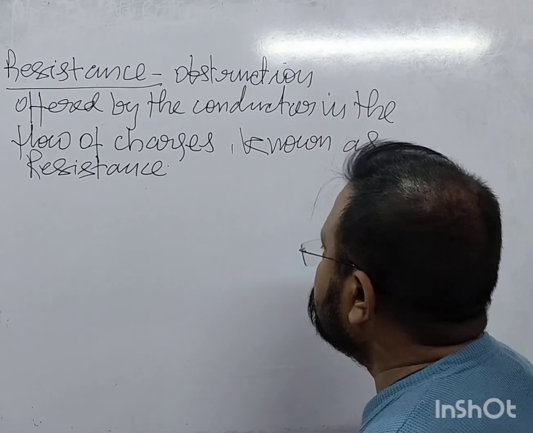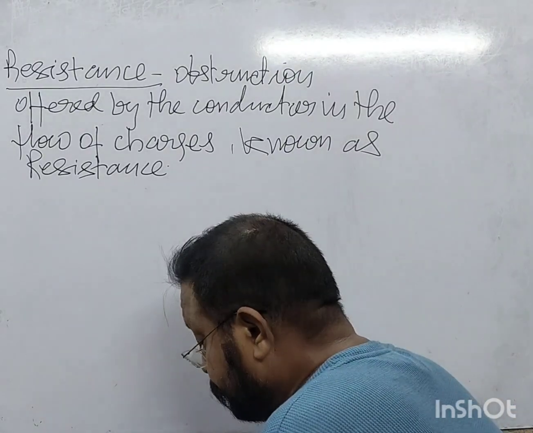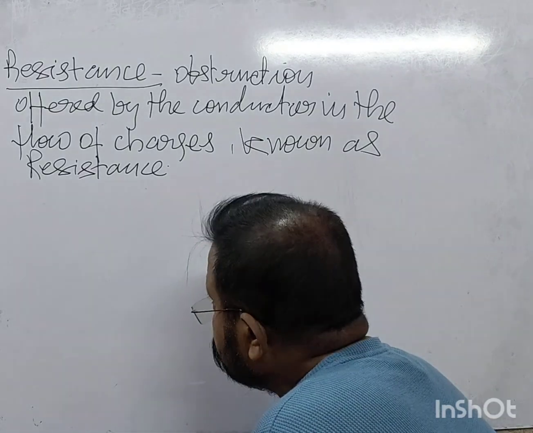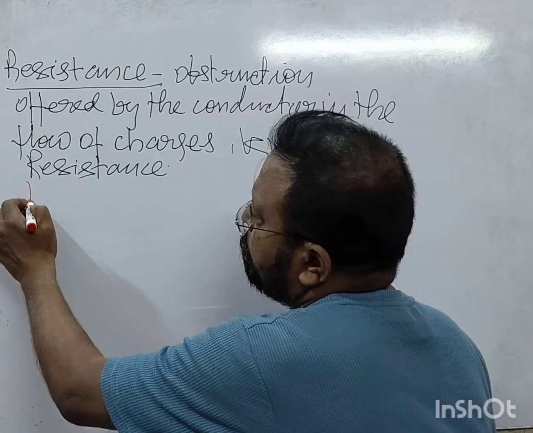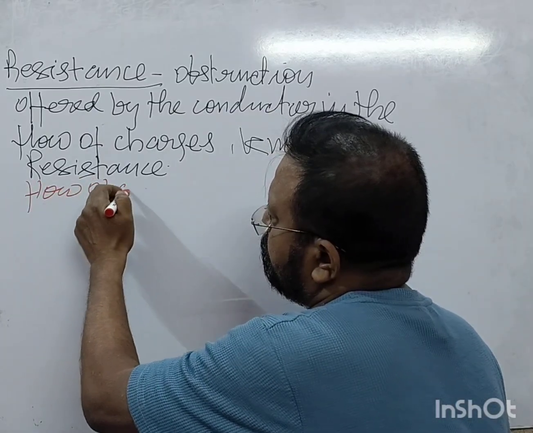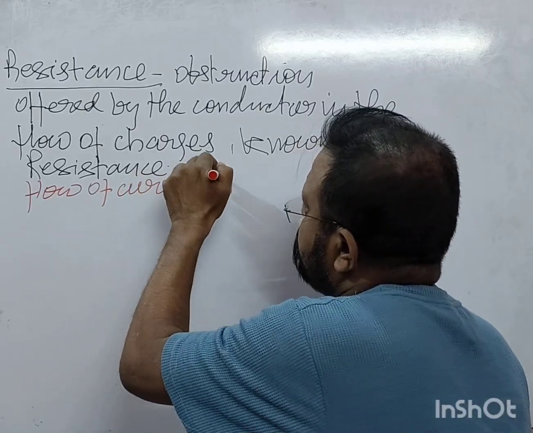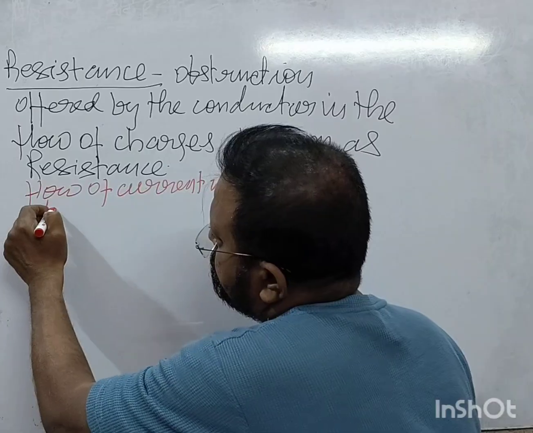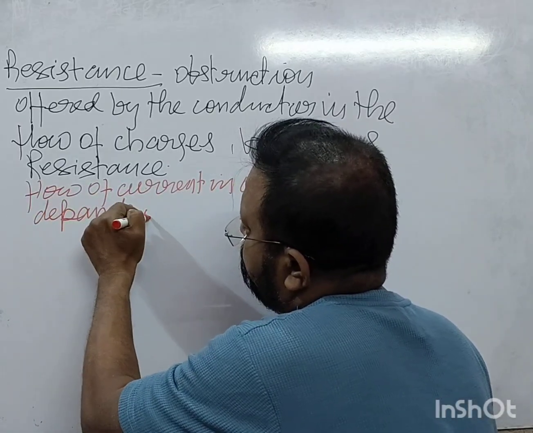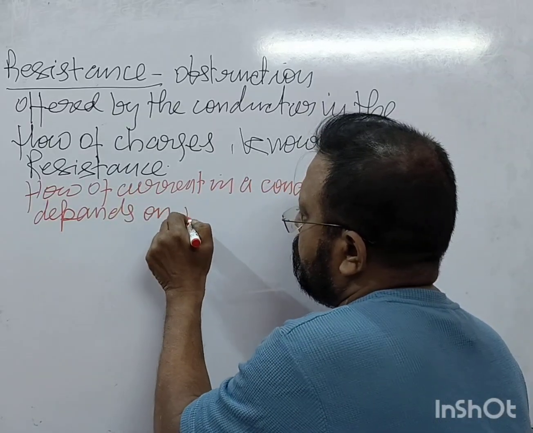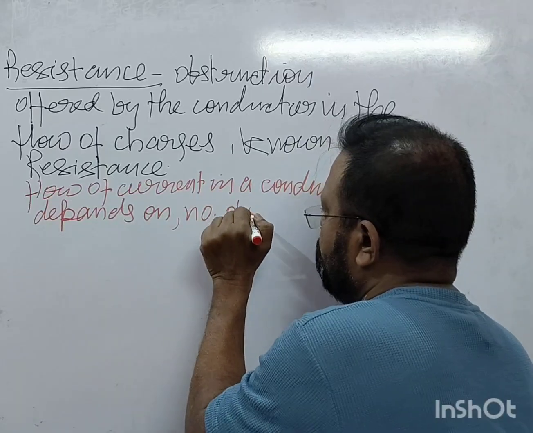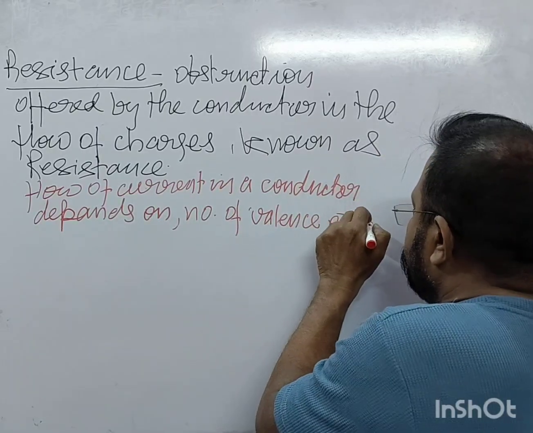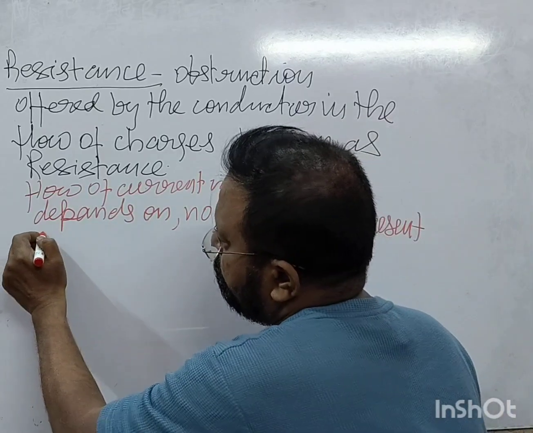Right? Resistance to the flow of current in a conductor depends on the number of valence electrons present in the valence shell.